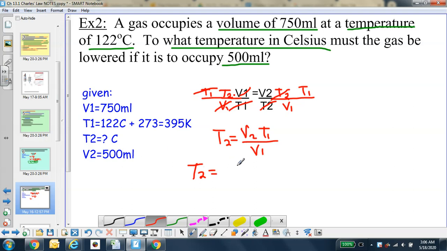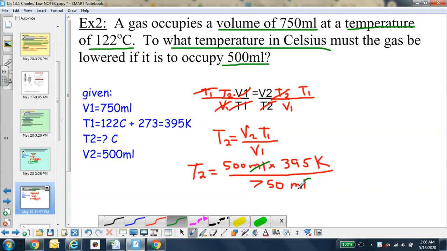V2 is 500 milliliters, times T1, which is 395 Kelvin, divided by volume 1, which is 750 milliliters. It is so important that you include your units in your work.